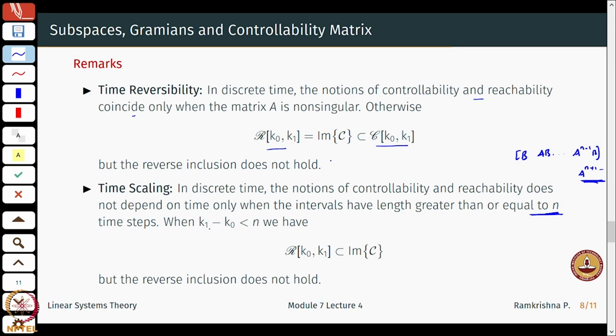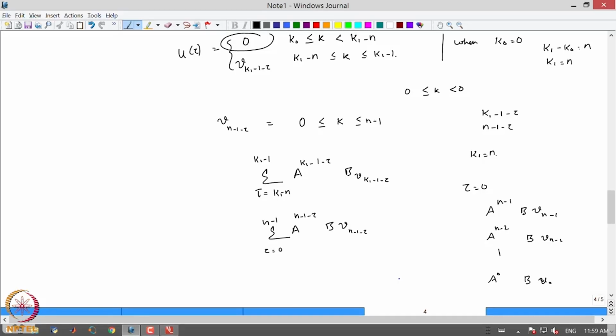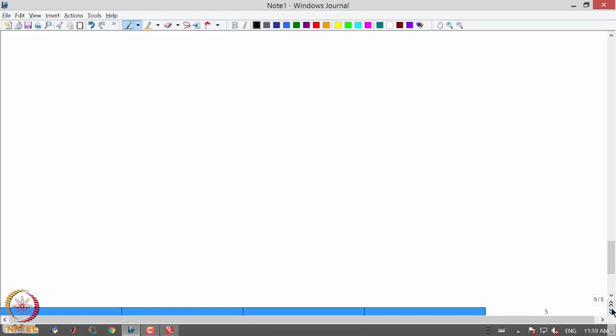But what happens if this interval is less than n, if k1 minus k0 is less than n? So, let us check with the help of an example. Let us say I have a system in R2, x(k+1) is A x(k) plus B u(k), where A is [0 1; 1 1], B is [0; 1].